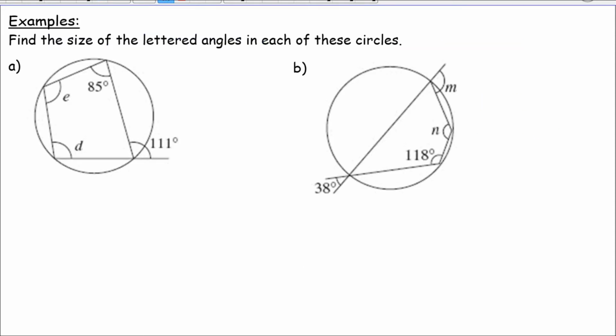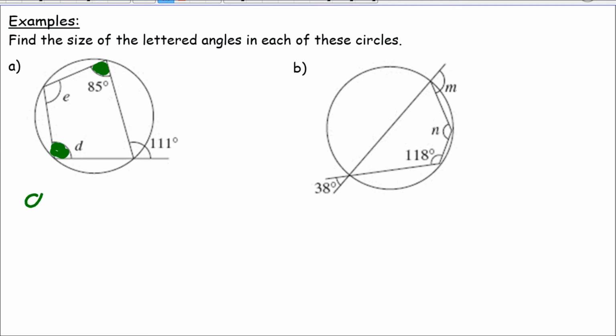So find the size of the lettered angles in each of these circles. So using that theorem, we can find out the missing angles. Let's start with A. We can start by finding what angle D is. We know that this angle plus this angle here, they add up to 180 degrees.